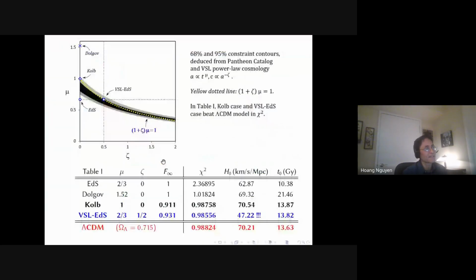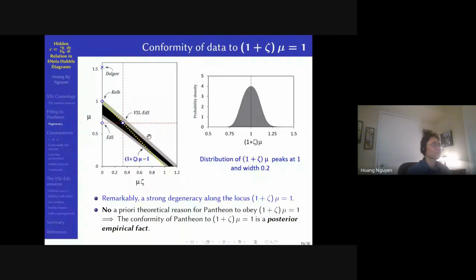And again, I just use the data to produce it. I'm not trying to fit the data with this curve at all whatsoever. I let the data tell us what we have. Now I can also do the marginal line: we integrate along this line, and get the distribution of this quantity, 1 plus zeta mu.